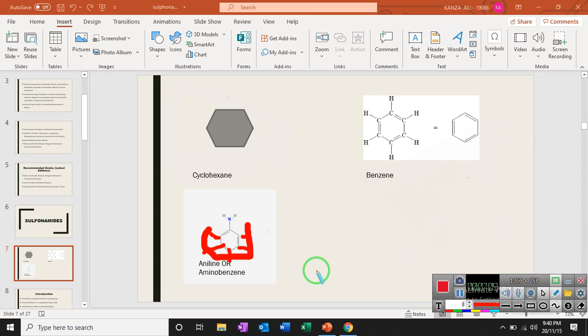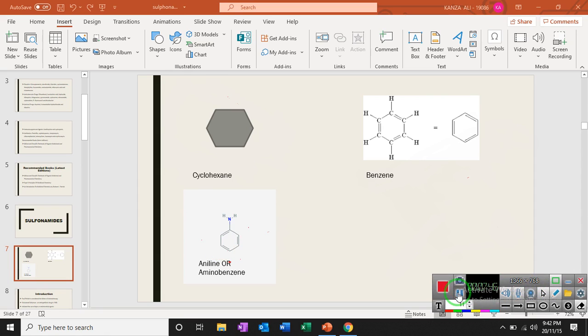It means the ortho, meta and para positions are relative positions. They are related to the first group. If the first group is substituted, then the other groups will be ortho, meta or para.